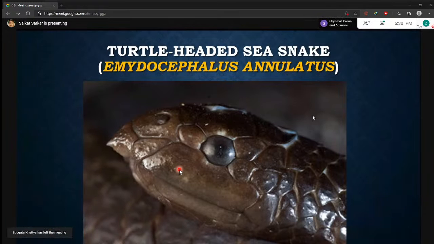To knock down a prey, you need venom, you need fangs. But if your target is an egg mass, then you do not need that extravagant mechanism. So they have done away with that structure.